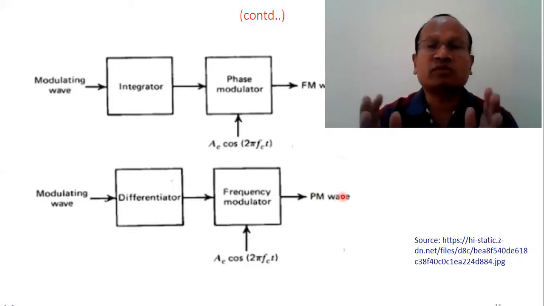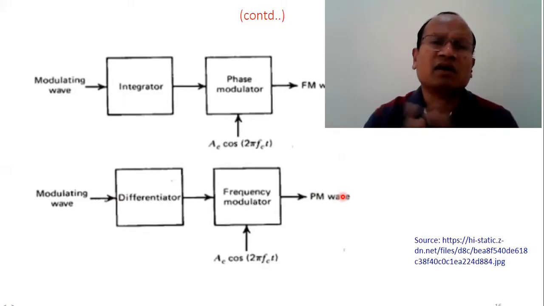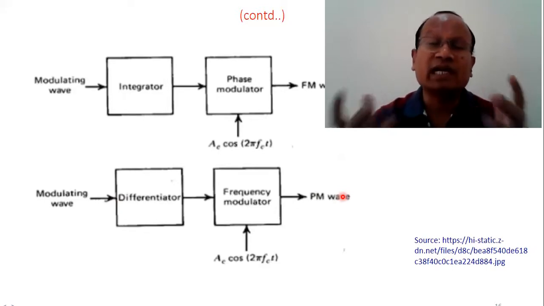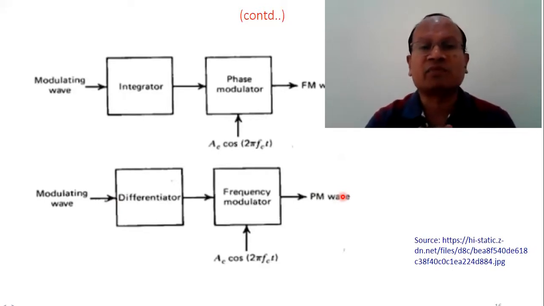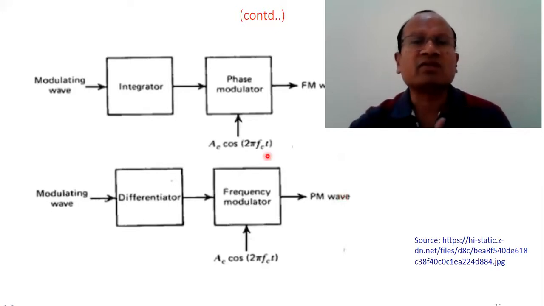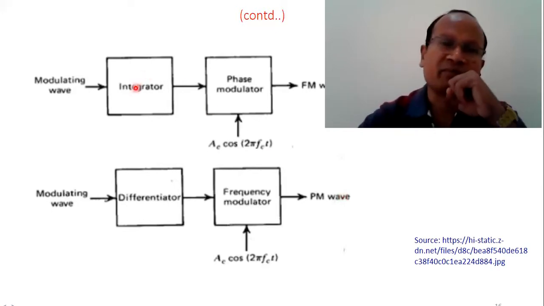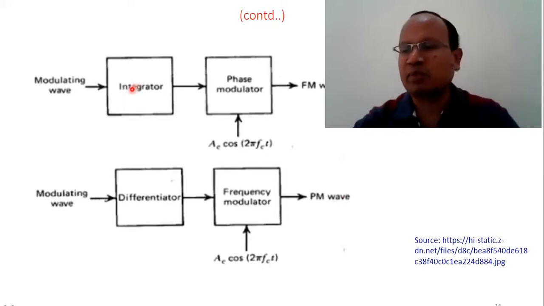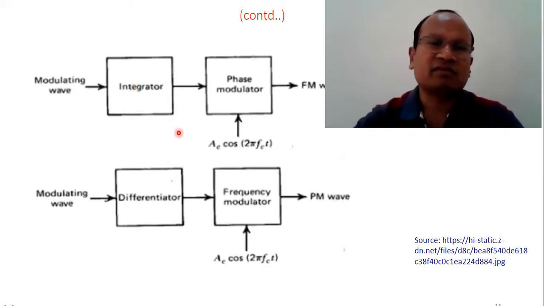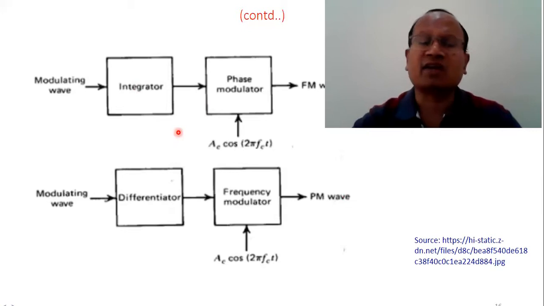All right. So when we go into detailed analysis of these block diagrams, sometimes the integrator is also interpreted as a low pass filter. There is no need of explaining why an integrator or a differentiator is needed. The integrator is acting as a low pass filter.